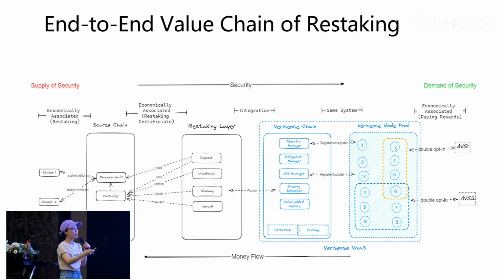It allows you to support heterogeneous networks in parallel, very flexibly. That means at the same time it provides shared security from some large protocols with very valuable tokens, and it also gives you the flexibility to work on your own networks, whether a heterogeneous network or EVM-equivalent homogeneous networks. So this is the amazing part.